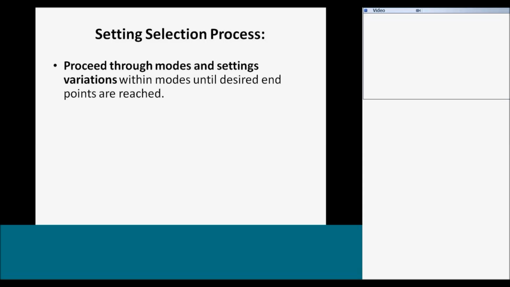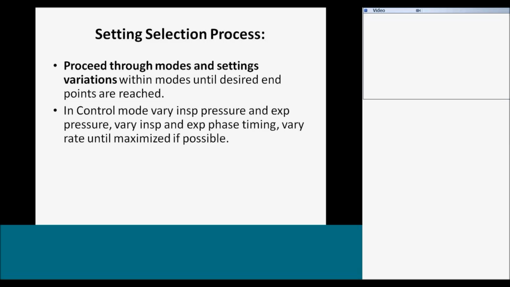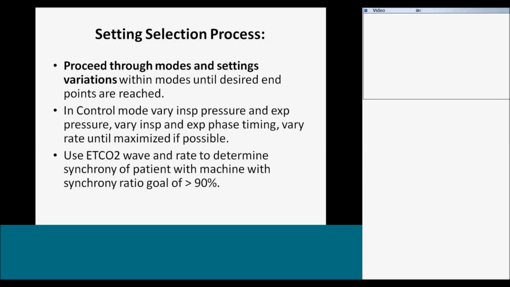So proceed through your modes and setting variations within the modes until your desired endpoints that we described are reached. In control mode, you're going to vary the inspiratory and expiratory pressure and inspiratory and expiratory phase timing and rate until it's maximized for the patient. Use your end-tidal CO2 wave and rate to make sure the patient's synchronous with the device.